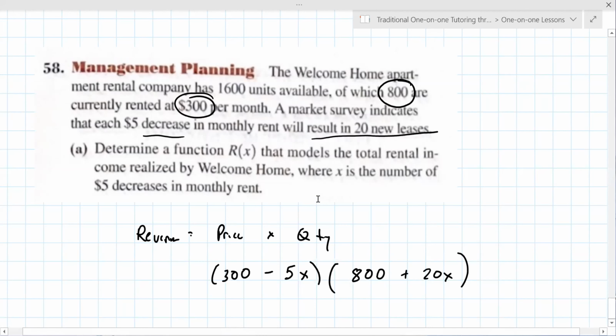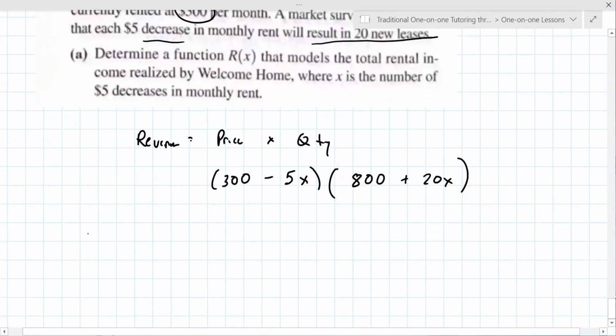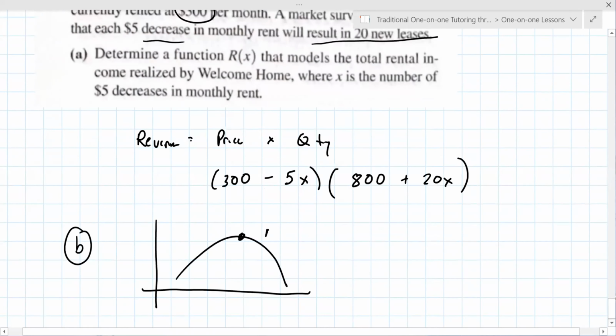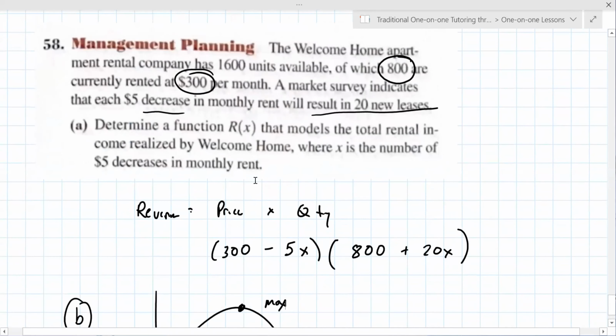Okay, so this is your problem. I want you to graph it, and I just want the max, whatever that is. There's a maximum point there, but you have to be very careful here, because what I'm asking for is the price that someone's going to pay, and that has to take into account this 5X.